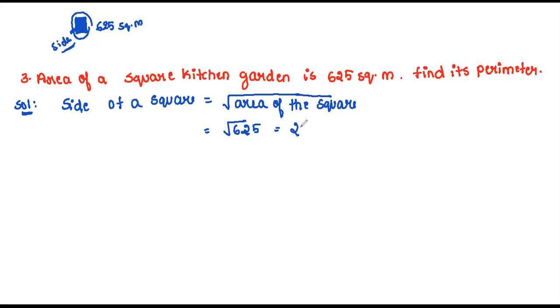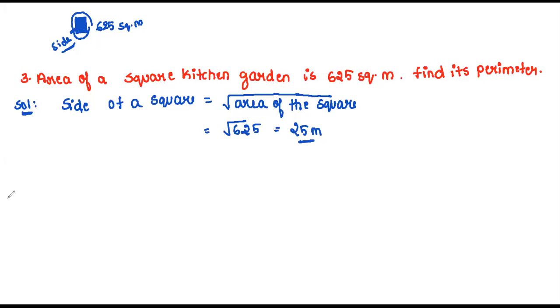You all have studied how to find the square root. Students, before moving on to this chapter, you have to know in detail what is square root. Once you know the square and square root, you can easily understand this chapter. That's the reason I'm telling you to go through that chapter. So here you have got 25 meter. So now it's understood the side of the square is 25 meter.